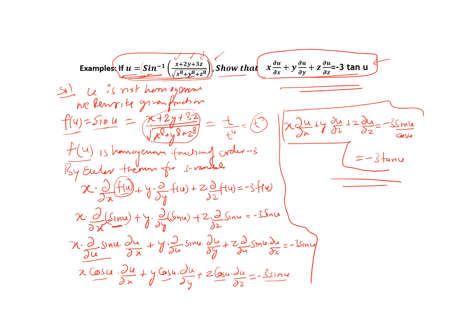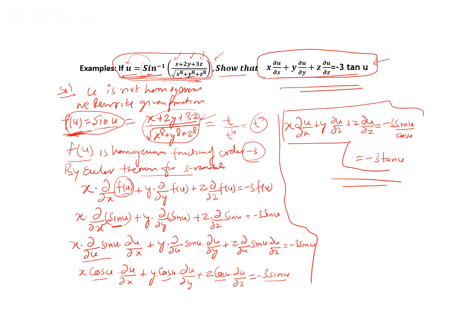So here you have to remember, the given function we cannot say is homogeneous. First we take the left hand side, then the resulting function we can say is homogeneous, because we can take t as a common factor in that function if we replace x with xt and y with yt. So we can say that f(u) is a homogeneous function of order what? Minus 3.